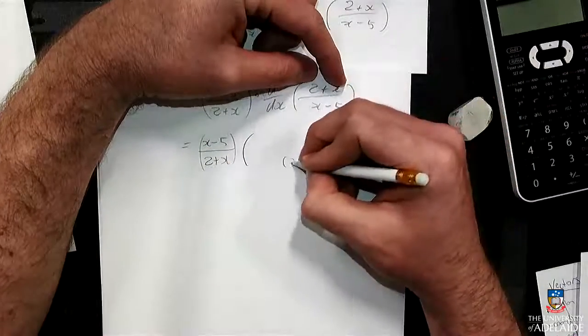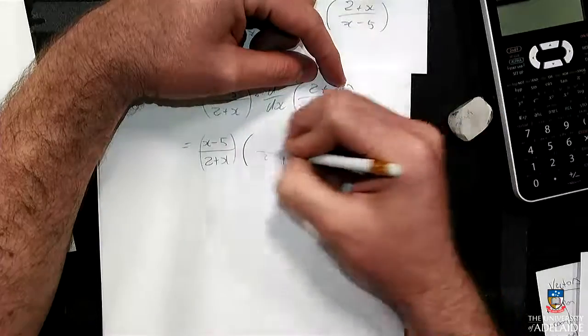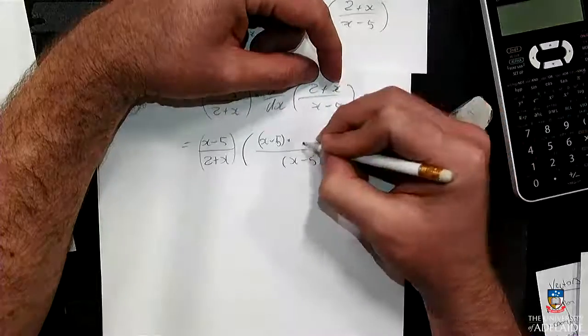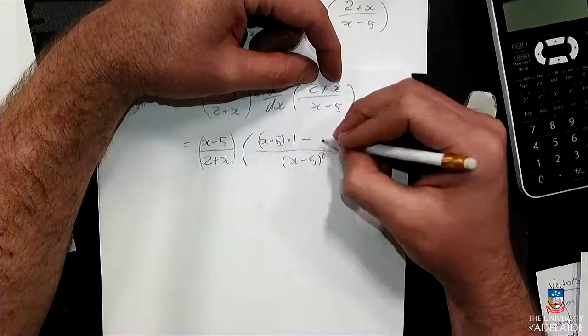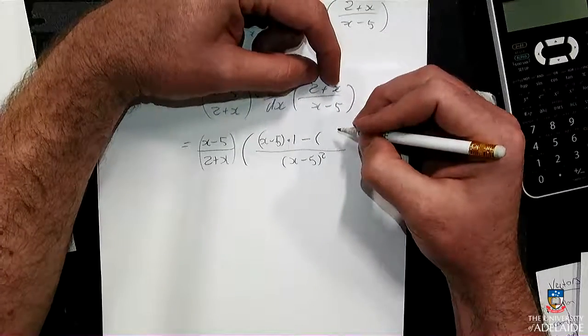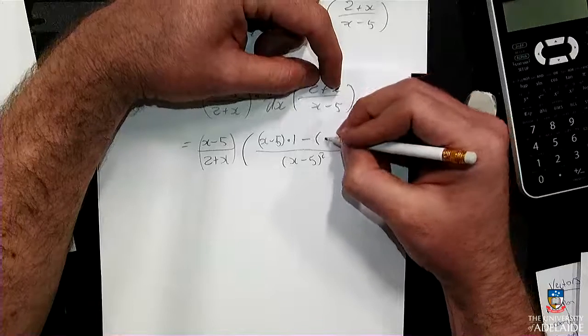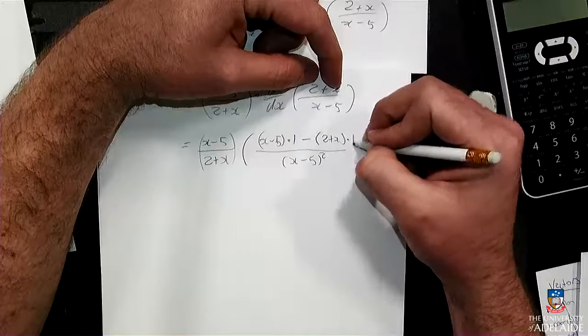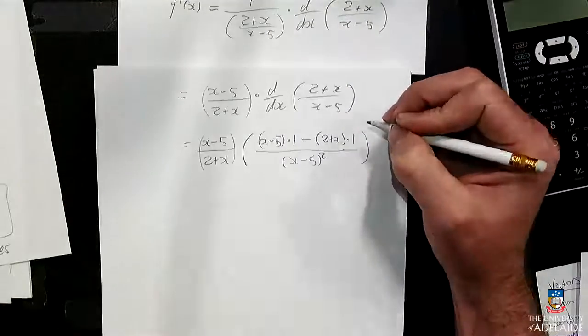We do the bottom squared on the bottom, keep the bottom, do the derivative of the top, which is 1, minus keep the top and differentiate the bottom. Bottom is also 1. Okay.